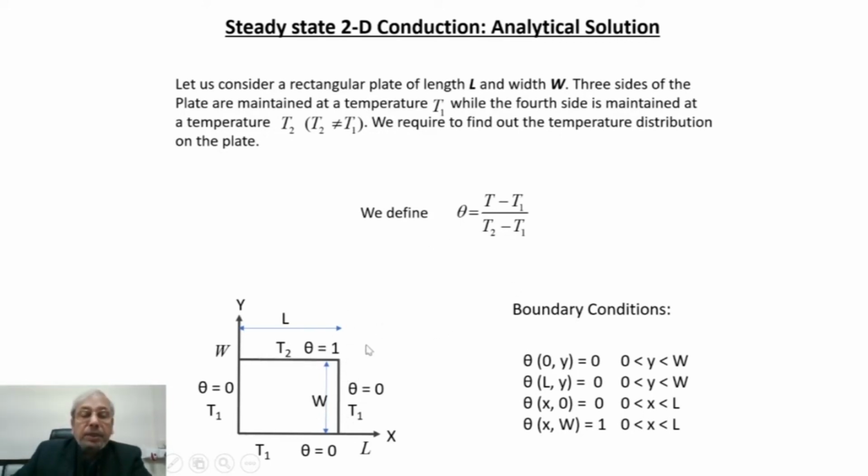That is the non-dimensional condition. Otherwise, dimensionally, left side T1, bottom side T1, right hand side T1 and top side T2. L is the length of the plate, W is the width of the plate.